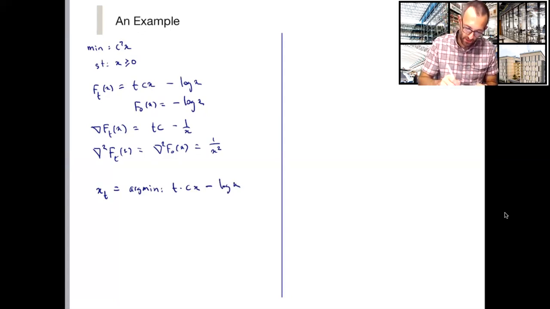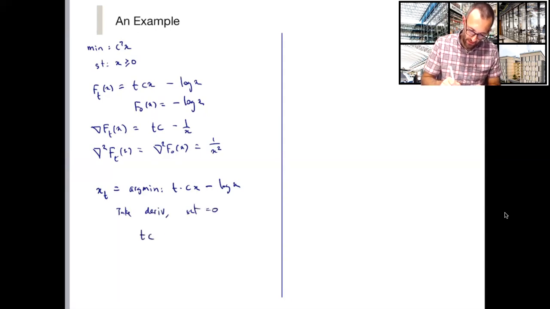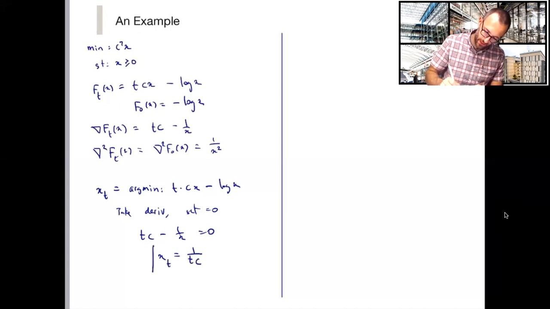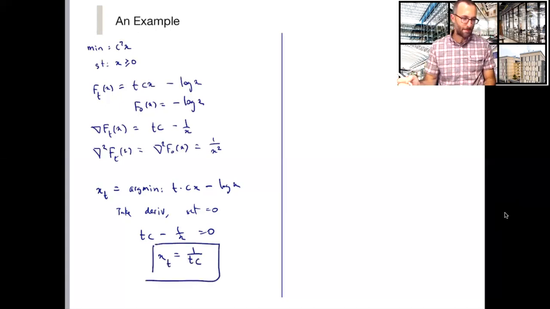So looking upstairs, I've got tc minus 1 over x equals 0, or x is equal to 1 over t times c. This is my solution, xt.